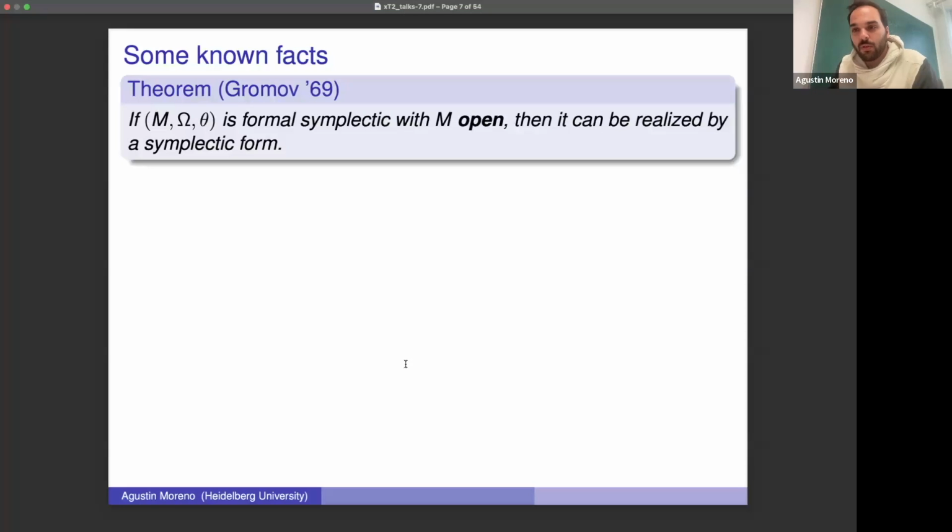Let me mention some known facts. This is a fundamental problem in symplectic topology, so it has been studied by different people in different ways. There's an old theorem of Gromov in 1969. Gromov proved, using the theory of h-principles, that if you start with a formal symplectic structure on an open manifold, either non-compact or with boundary, then the existence problem can be fully solved.